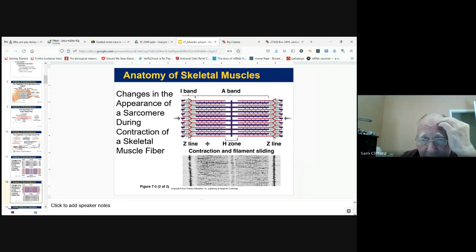You can see that the H zone is smaller, the I band is smaller, and somehow the actin has been pulled toward the center of the sarcomere, and each sarcomere shortens in its length, and that's how muscle contracts.